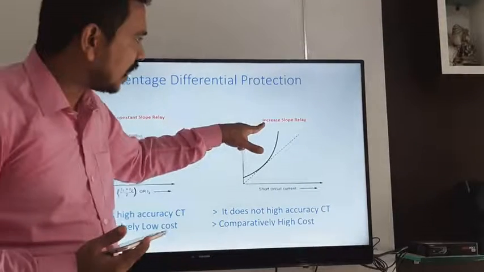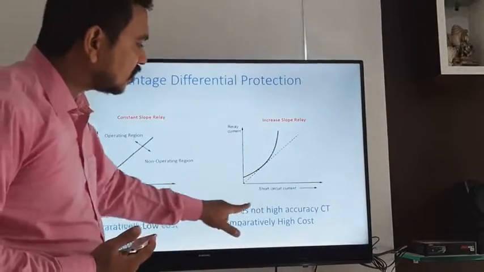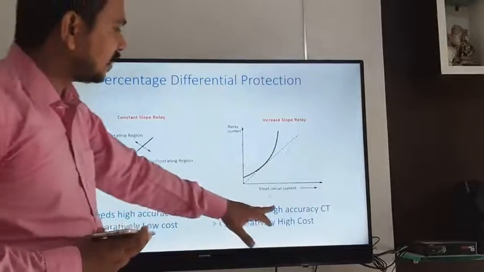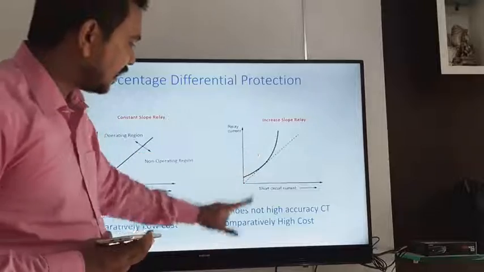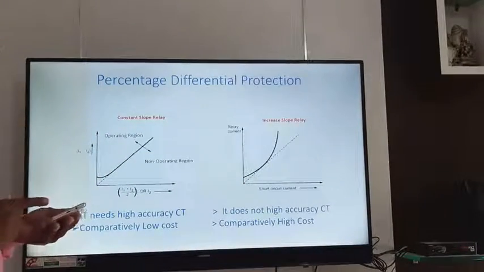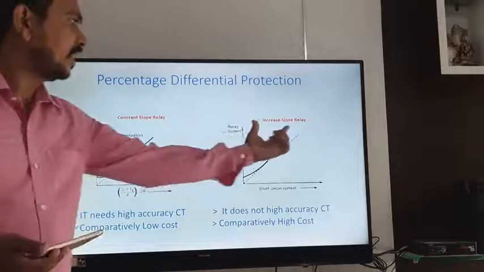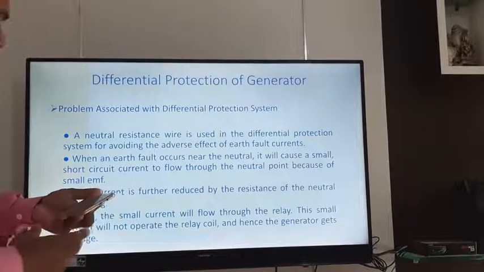Whereas when we are using the increased slope relay, high accuracy CT is not required, but it is comparatively high cost. So these are the two types of percentage differential relay: one is the constant slope relay and the second is the increased slope relay.